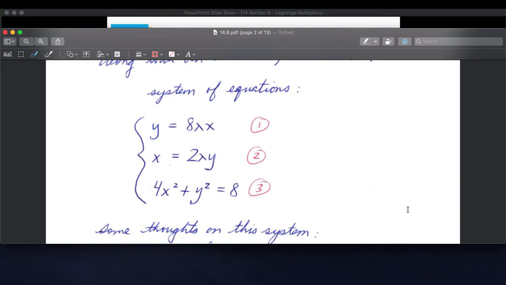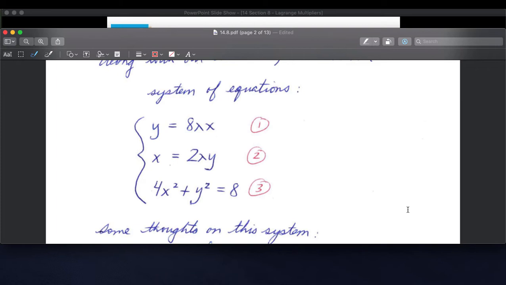The nice thing is that you can plug in whatever value you want, and if the value works for the first equation, the second equation and the third equation, then you know you have a point for a possible extreme value. But the nice thing is, whatever value you plug in, chances are if it doesn't work, it's going to contradict one of the other equations.